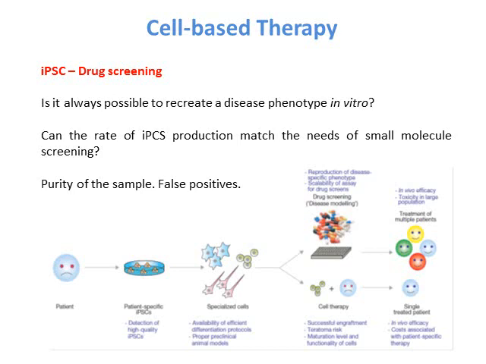This is a nice figure here. It nicely summarises the benefits of drug screening and cell-based therapy, which I'll talk about in the next slide, with regards to pluripotent stem cells. For drug-based therapy here, you can see the idea is you would isolate cells from the patient and generate patient-specific pluripotent stem cells. These can be differentiated into the specialised cells of interest. So say this person had Parkinson's, we differentiate them into neurons.